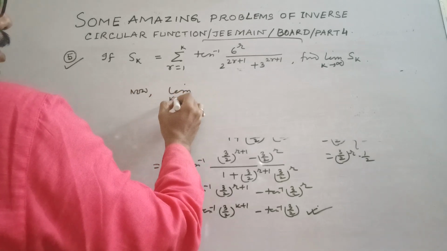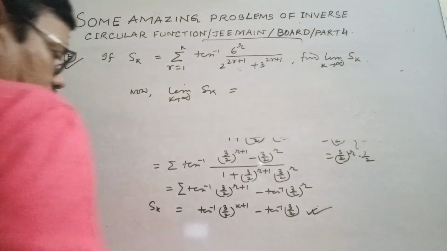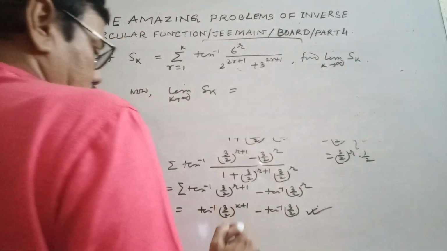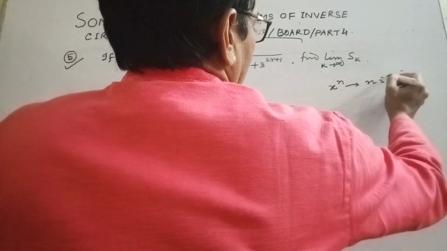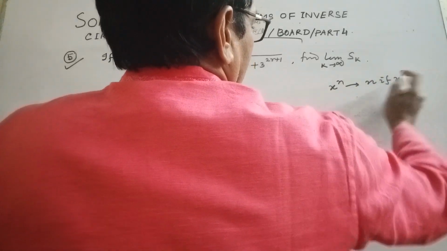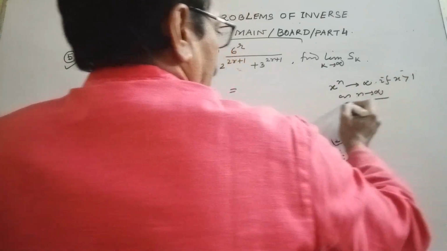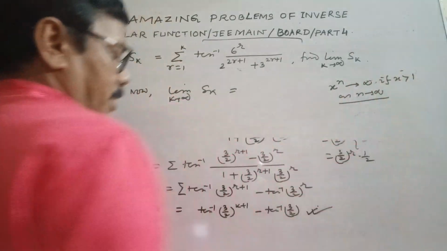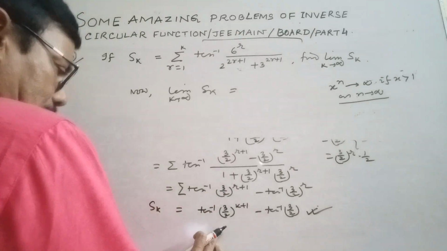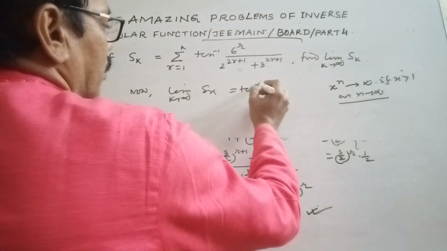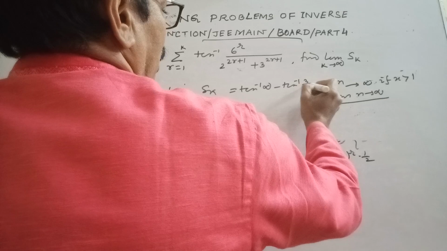Now limit k tends to infinity of Sk equals, it is greater than 1. So if x is greater than 1, x to the power n tends to infinity as n tends to infinity. We have this result of limit. Now 3 by 2 is greater than 1. If we take k tends to infinity, it will be tan inverse infinity minus tan inverse 3 by 2.